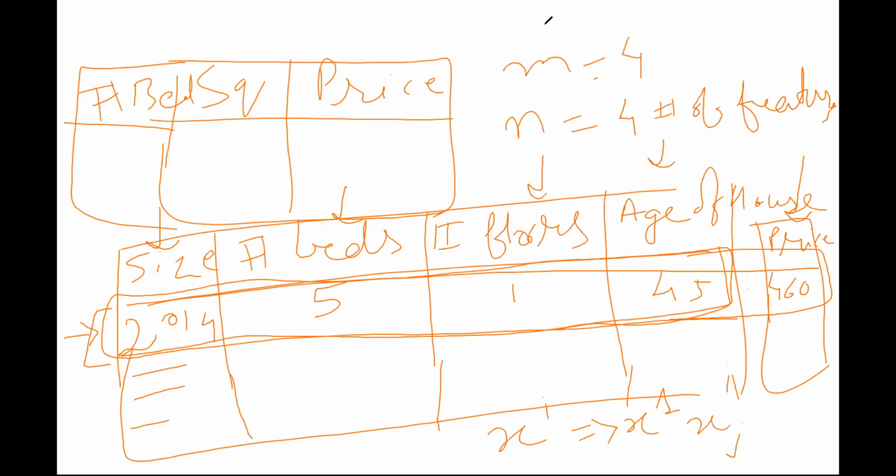If I am talking about the 2014 value, which is the size of the house, I will write it as x of 1, and below it will be 1 and 8. For the number of beds, it will be x of 2.